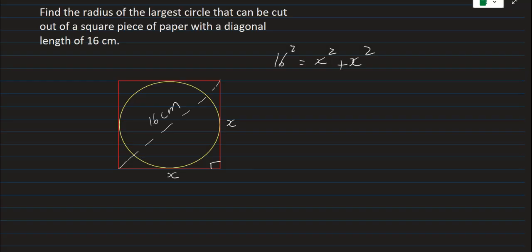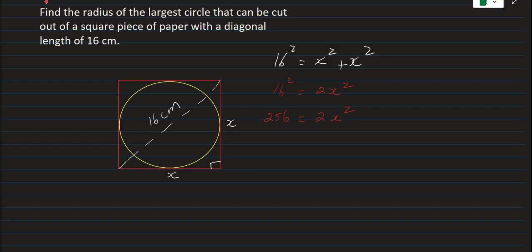Well, you get 16 squared is equal to 2x squared, and 16 squared is 256, and that is 2x squared.